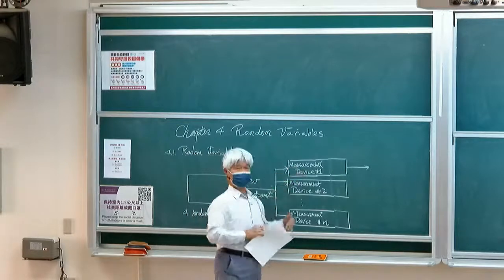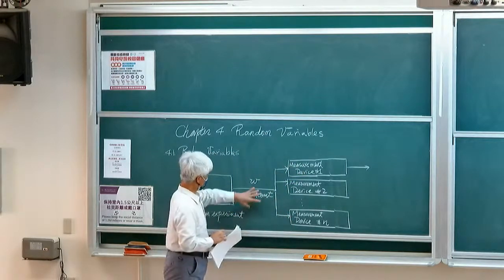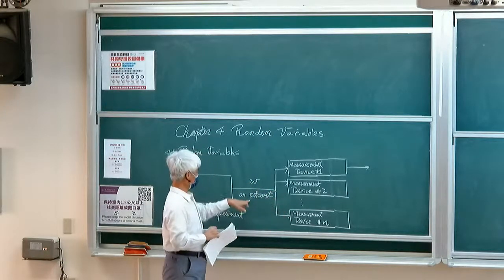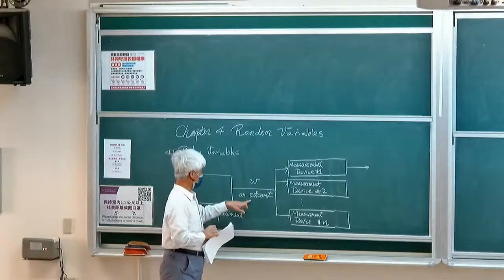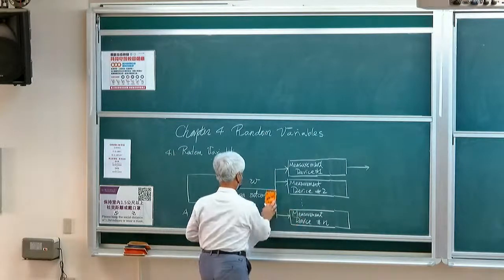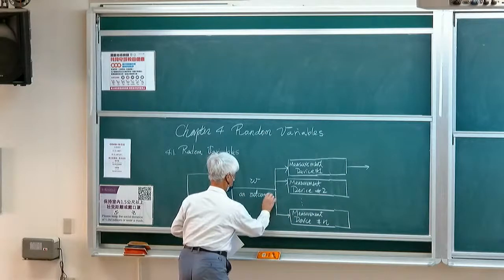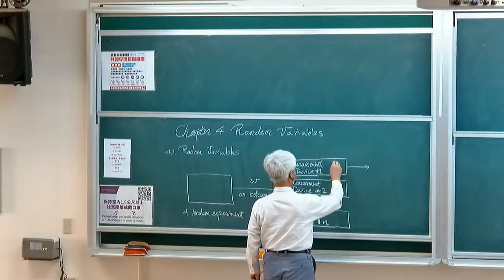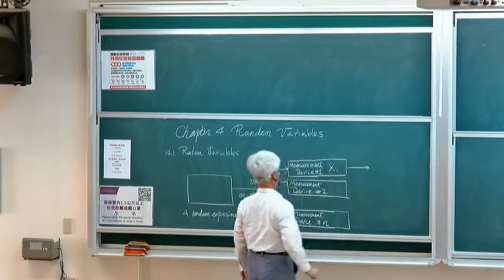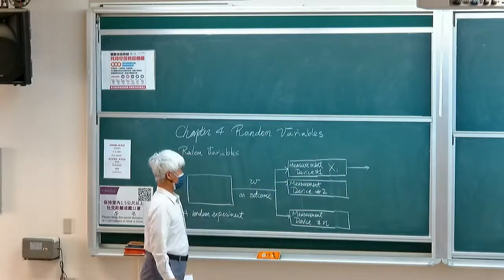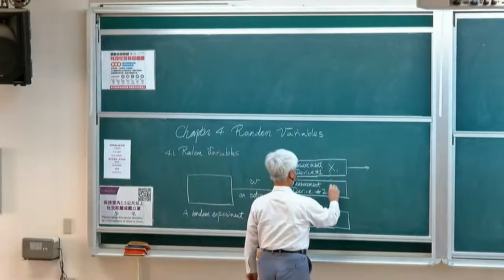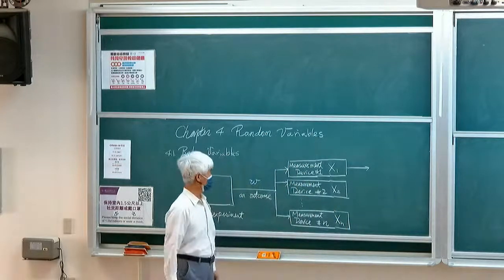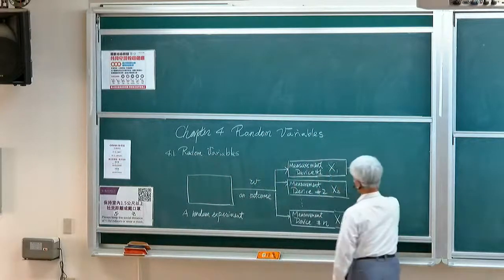So each measurement device can extract one feature out of such an outcome. The devices can be represented as x1, x2, etc., up to xn.